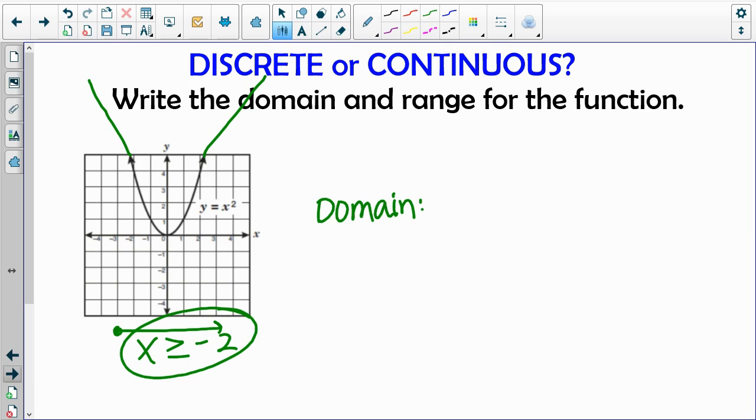So guess what my domain is? If I go forever negative, all the negatives, all the positives, infinity. And so we say all real numbers are part of your domain.